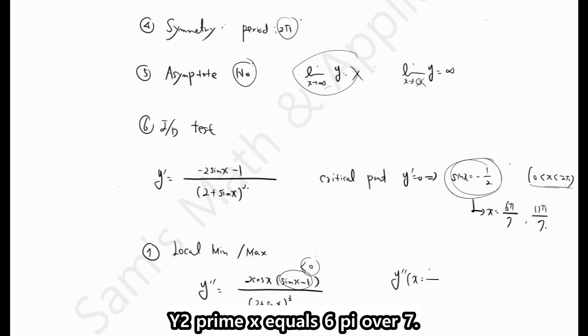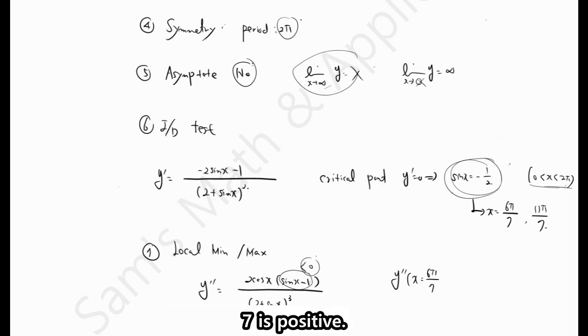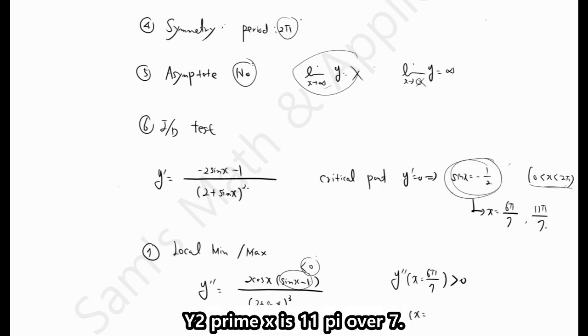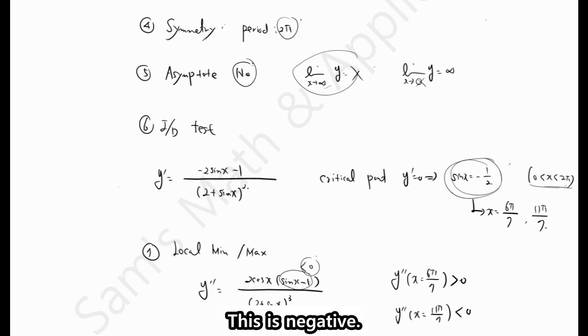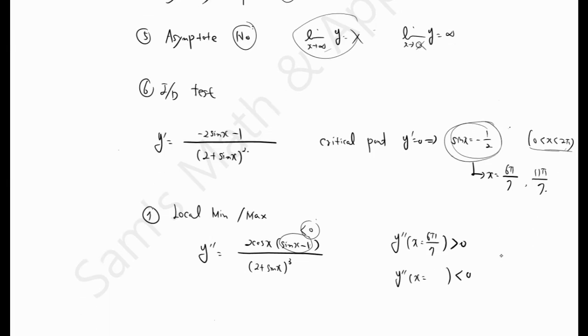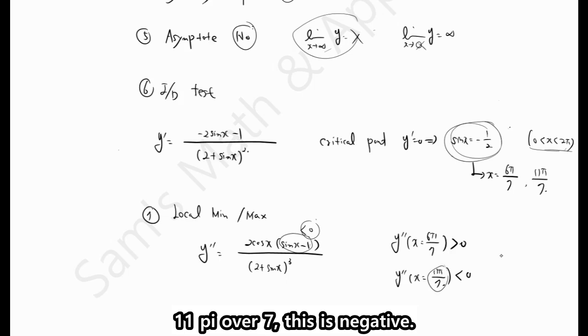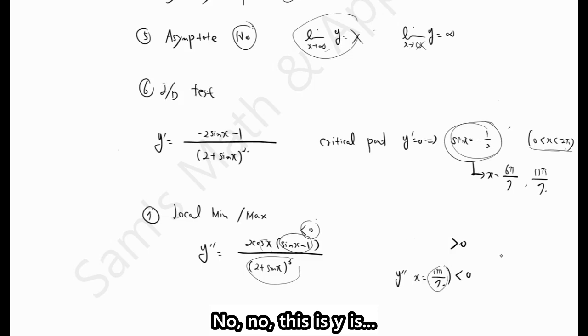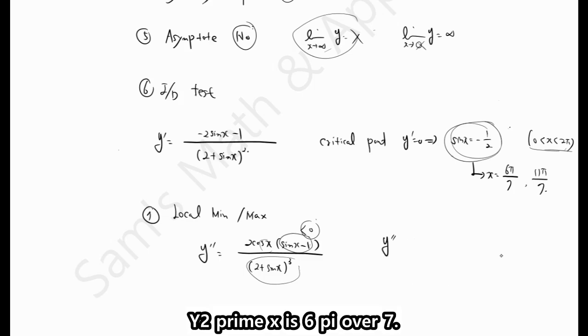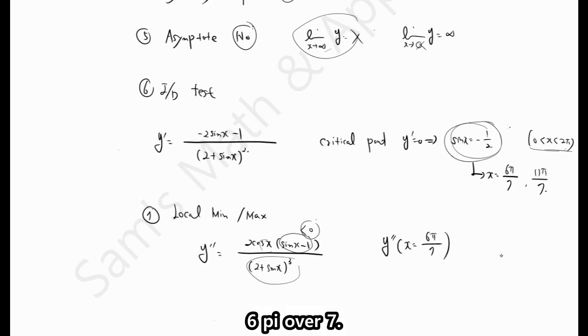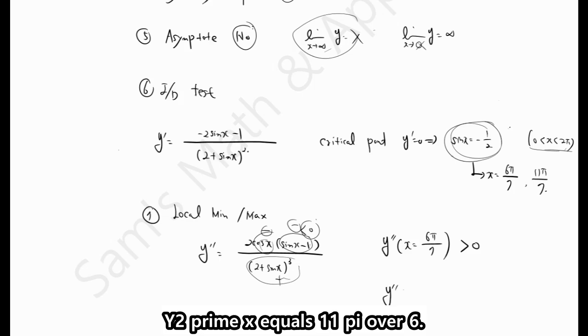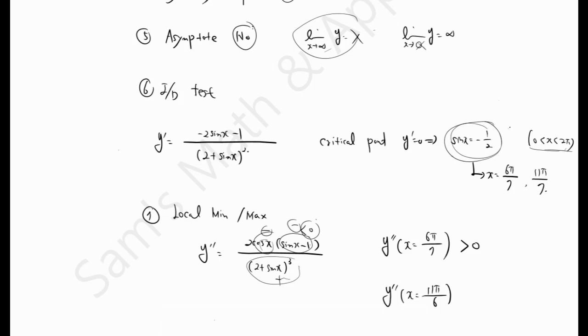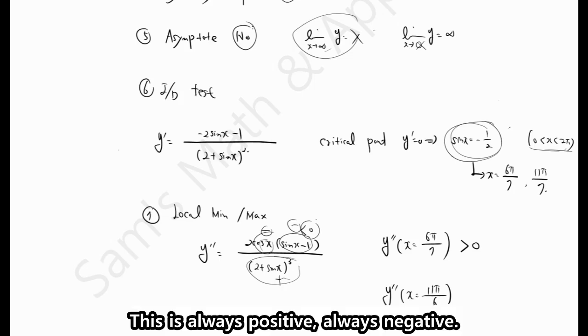At x equals 7 pi over 6, y2 prime is positive. At x equals 11 pi over 6, this is negative. On one side this is negative, on the other this is positive, and at 11 pi over 6, this is always negative.